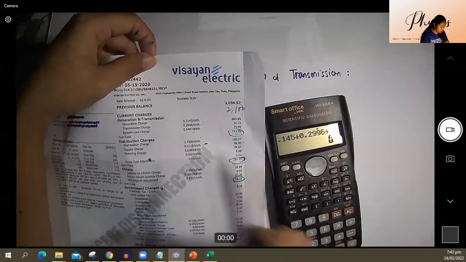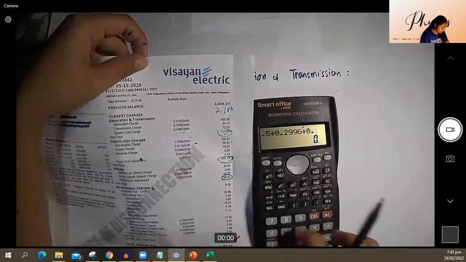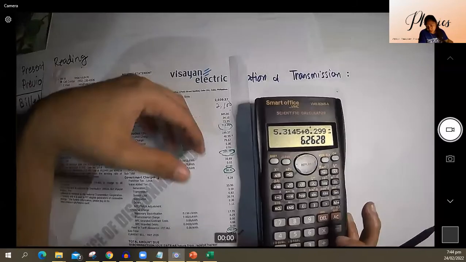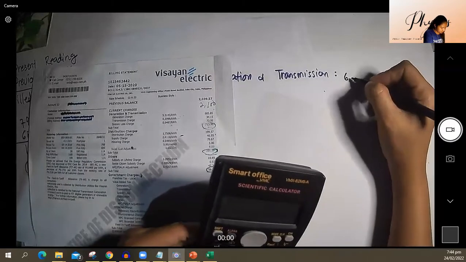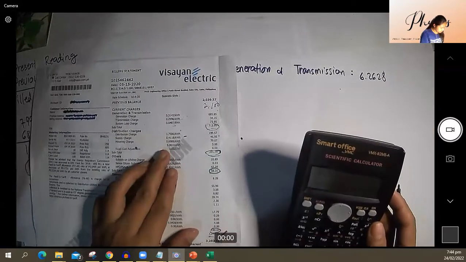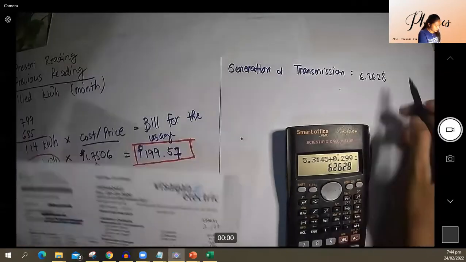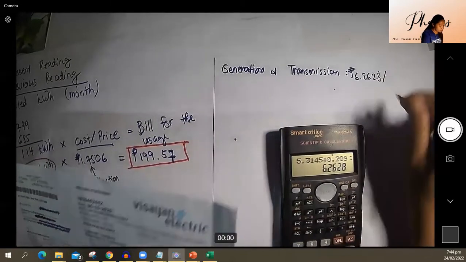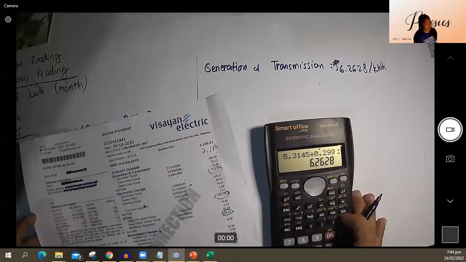Then you can also add it to 0.6487. And we will get the total, which is 6.2628. This is the total peso price per kilowatt hour for generation and transmission.